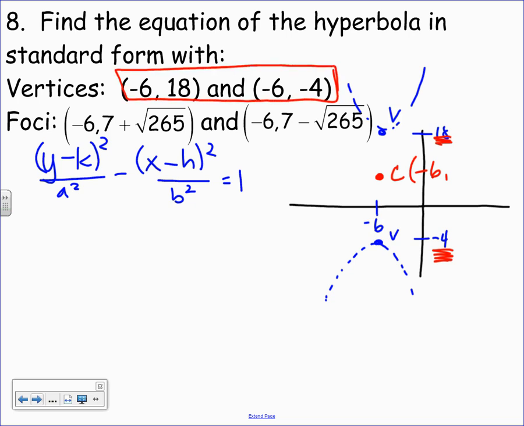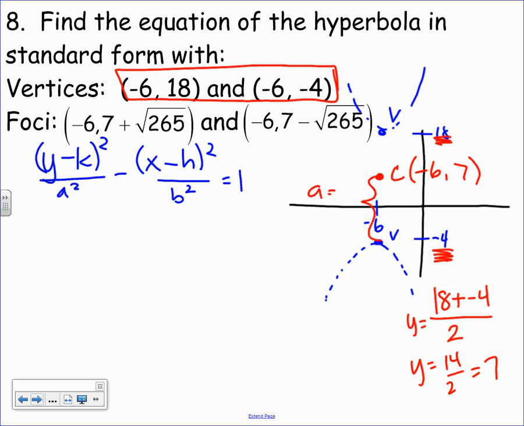So if you want the midpoint, take the average. The average of -6 is -6. The average of 18 and -4 for my y value is, let's see, 14 divided by 2 is 7. So my center is at (-6, 7). So this distance that we just have, these are my a values, is 11. Okay, so a = 11.